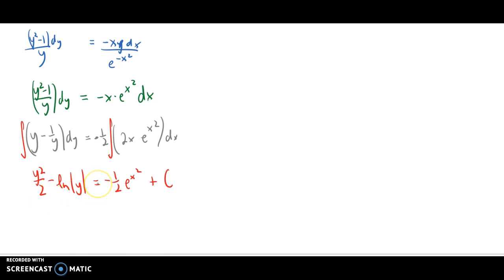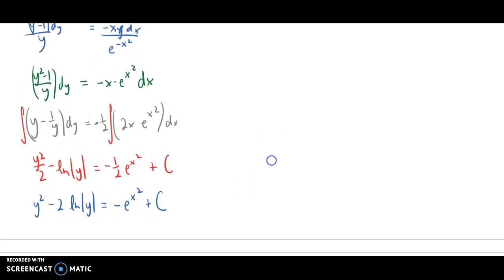However, as I look on the left and right-hand side, we could multiply everything by 2, just to clean it up a little bit, which makes the left side become y squared minus 2 ln of y equals negative e to the x squared. And then 2 times the constant is still just a constant. So there's no reason to call that 2c. It's still just a constant, so just call it c.